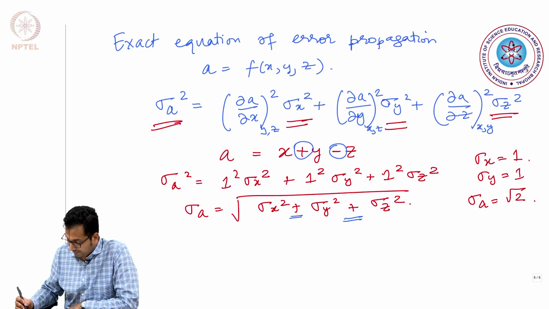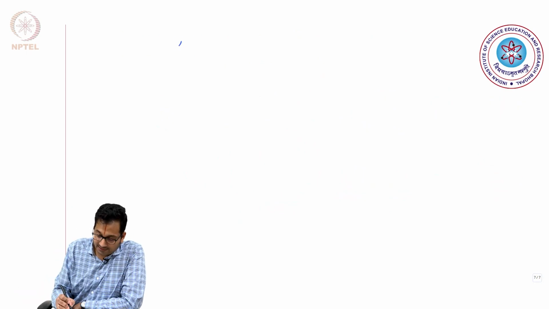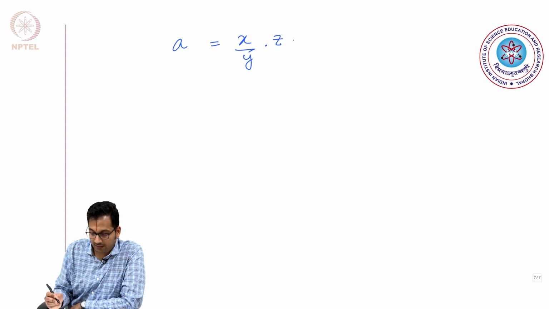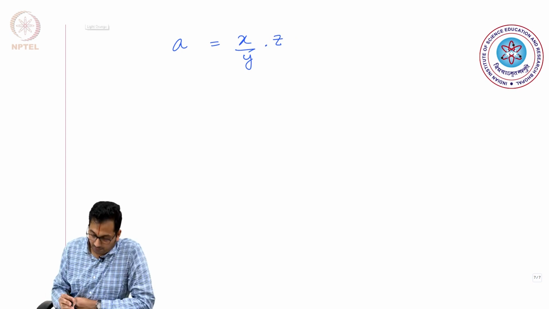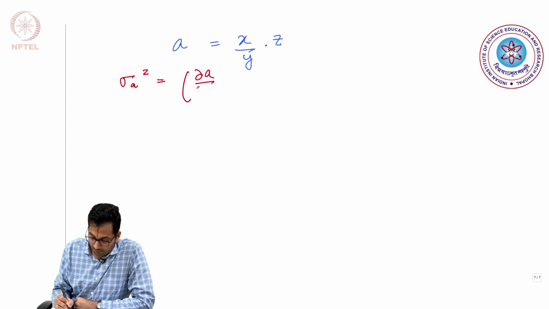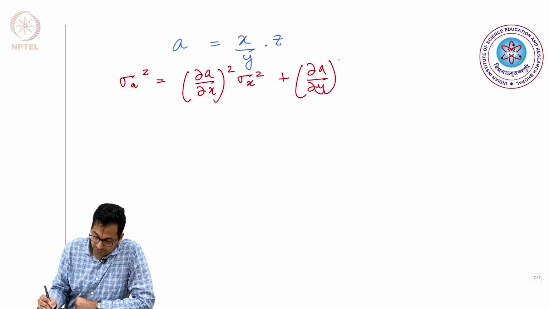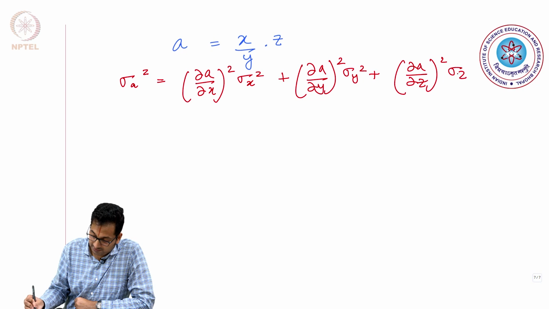So, let us take another example. In this example, let us say A equal to x divided by y times z. So, once again let us write the exact formula of error propagation. Sigma A square is going to be given by dou A by dou x the whole square sigma x square plus dou A by dou y the whole square sigma y square plus dou A by dou z the whole square sigma z square.